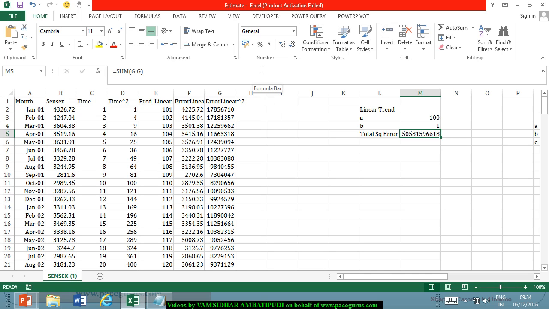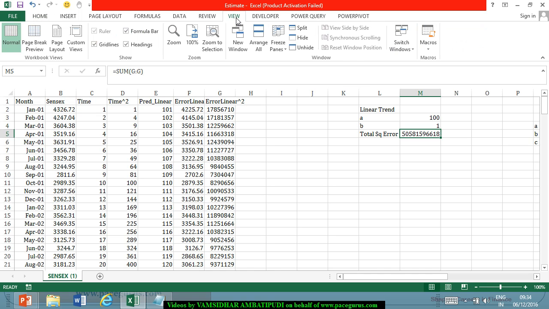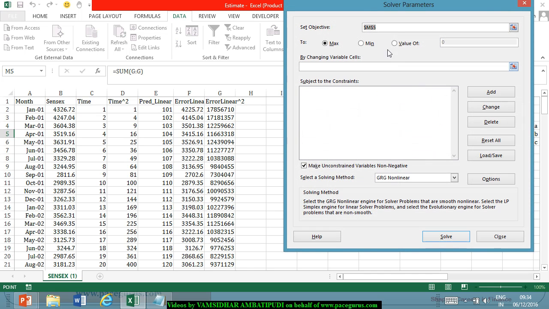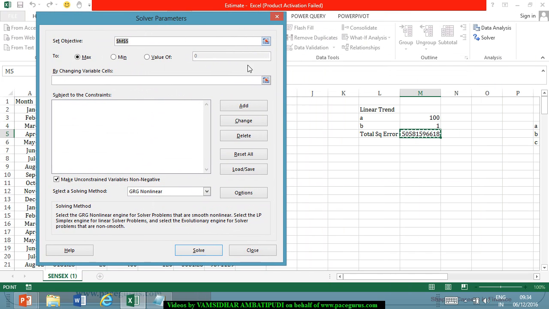I can use the maxima and minima theoretical aspect, but when I'm working with a tool like Excel, I can very well use the solver. I'll use the solver where this particular value needs to be minimized by changing these two values. That's it. I am not constraining any of the variables.